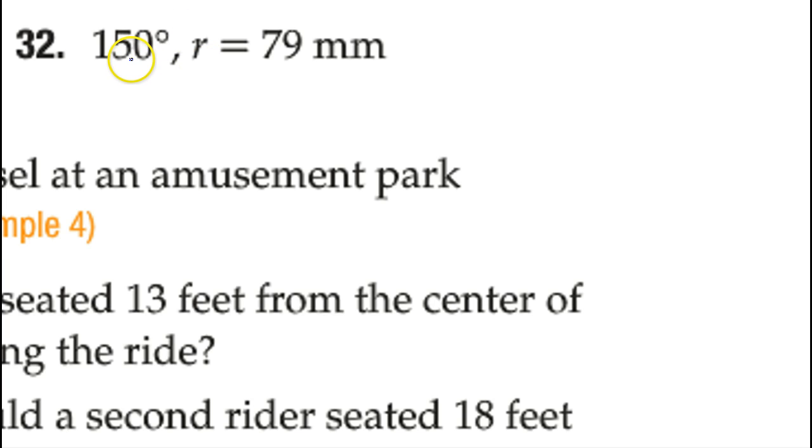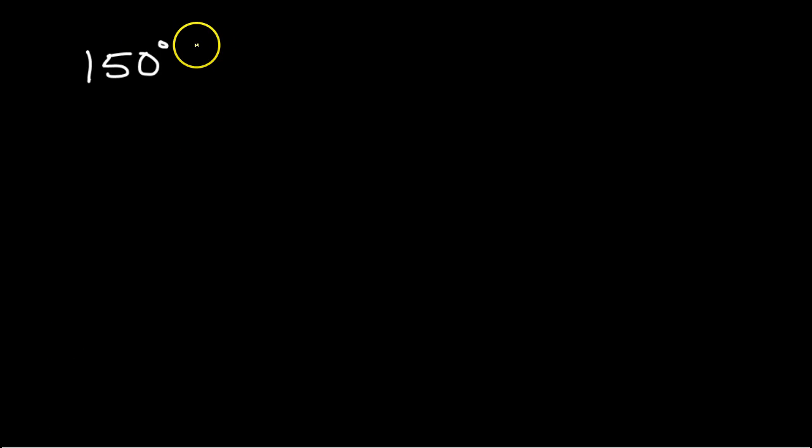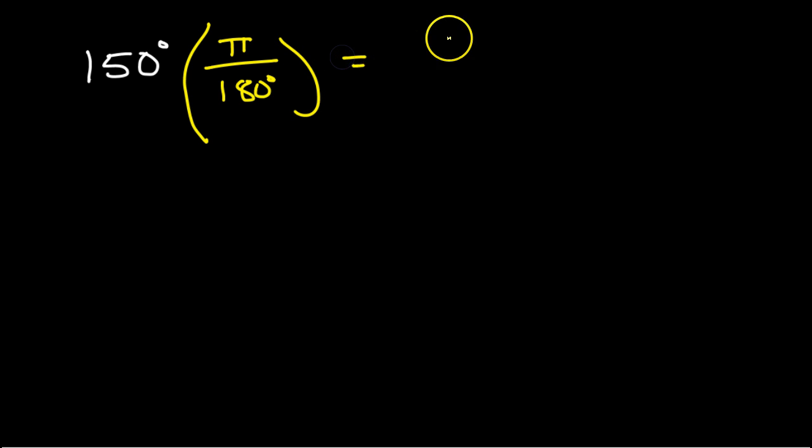So, 150 degrees. So again, we need to convert that to radians before we can move on. So 150 degrees can be converted to radians if I multiply by pi over 180 degrees. So that's going to give me 150 pi over 180.